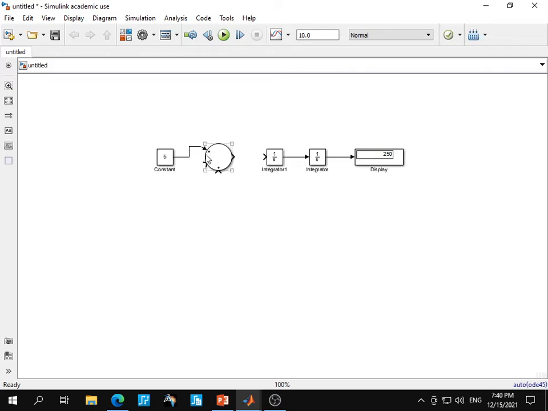And then connect the first one, and then connect all this together first.